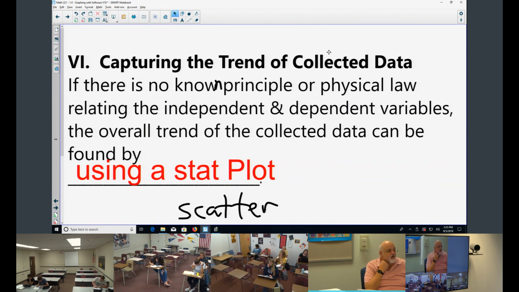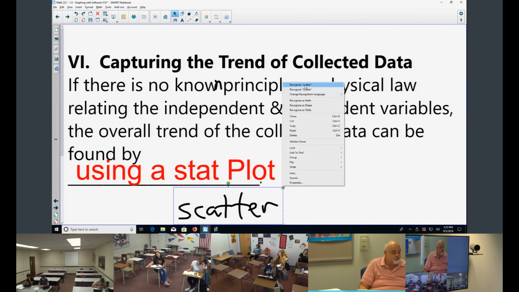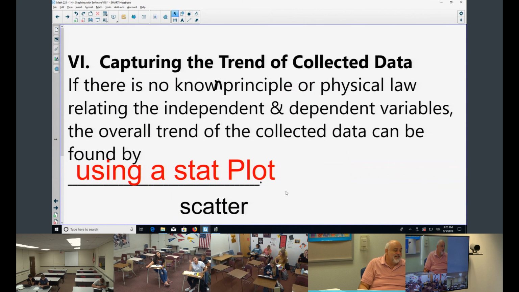It says if there is no known principle or physical law relating the independent and dependent variables, the overall trend of the collected data can be found by using a stat plot, or some books call it a scatter plot. It's the same thing: scat plot, scatter plot, stat plot. So scientists in the real world, as they're analyzing data, will use a stat plot.